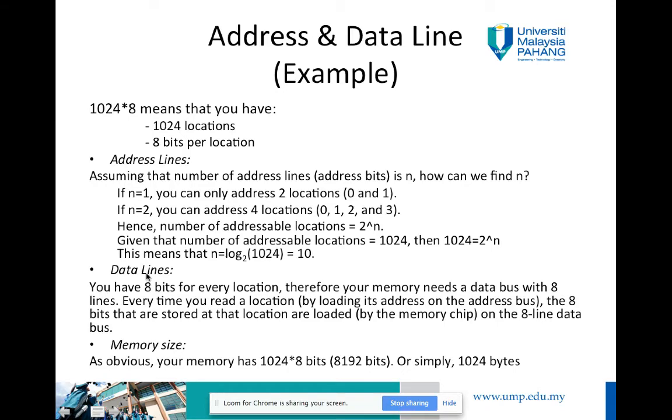So next is the data lines. You have 8 bits for every location. Every location in the data lines has 8 bits. Therefore, your memory needs a data bus with 8 lines. Every time you read a location, by loading its address on the address bus, the 8 bits that are stored at the location are loaded on the 8-line data bus.